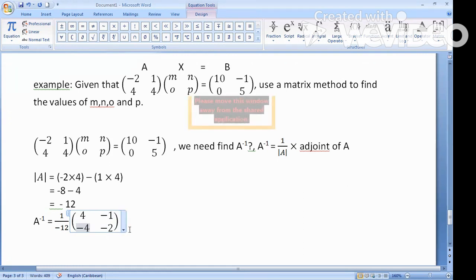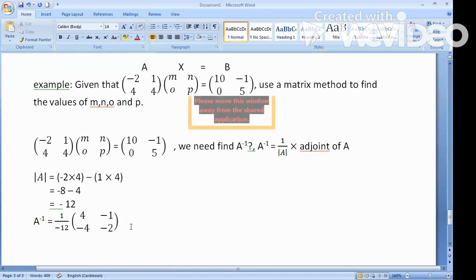Let me tell you what some students do, because in the exam you're under a lot of pressure. They remember to flip the leading diagonal, but then they flip the other one and change the sign as well. So be careful.